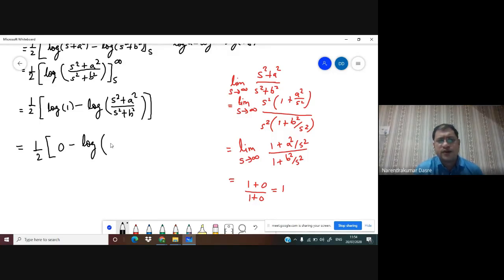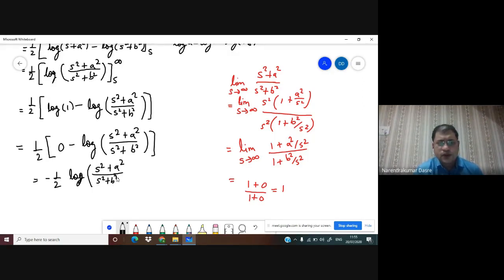This is going to be minus log of s square plus a square upon s square plus b square, and then this is equal to minus half log of s square plus a square upon s square plus b square. That's what you'll be having.